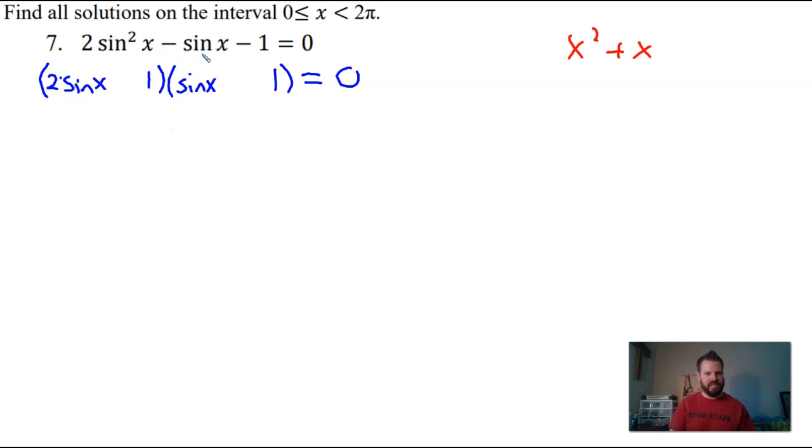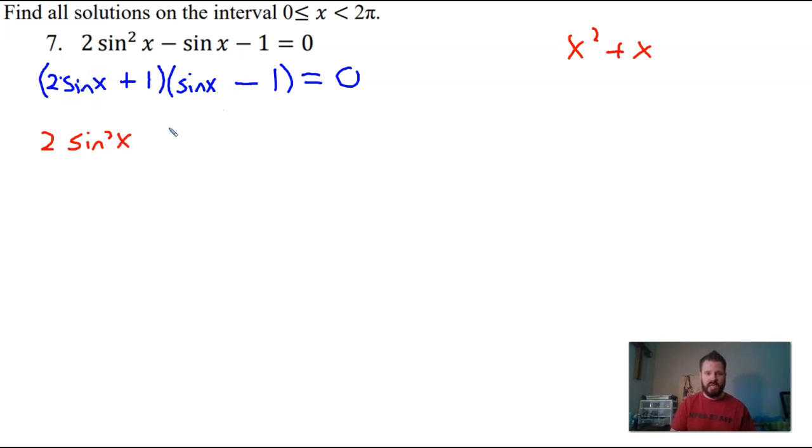Now since I want a negative sine x, I know I'm going to need the 2 times the negative, the plus 1 here. And I should never factor incorrectly, because once I factor, I can always check and make sure I did it right. If I do my first multiplication, 2 sine x times sine x, it's going to give me a 2 sine squared x.